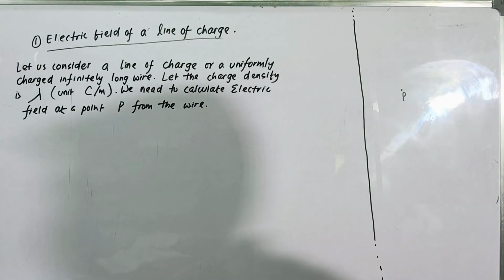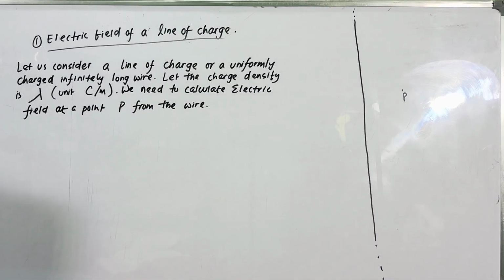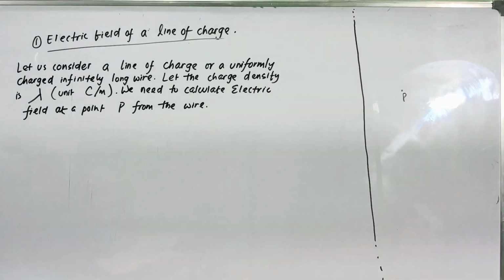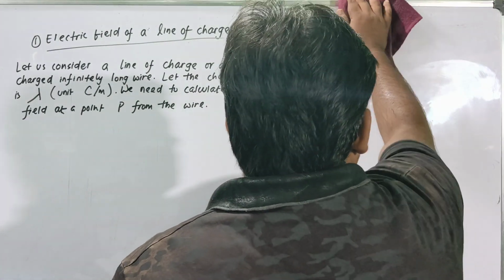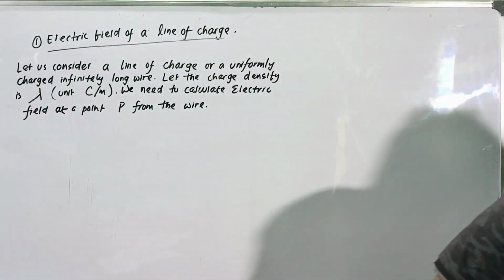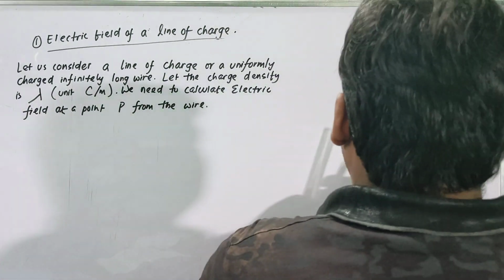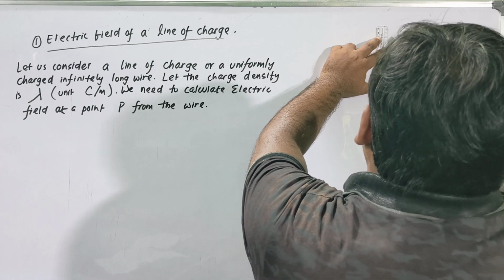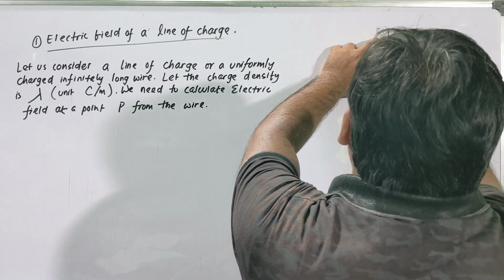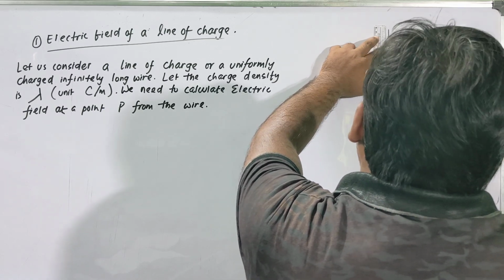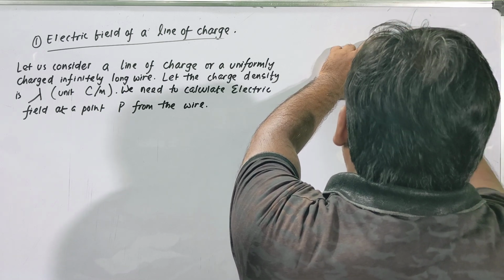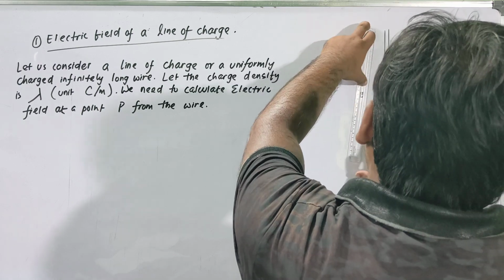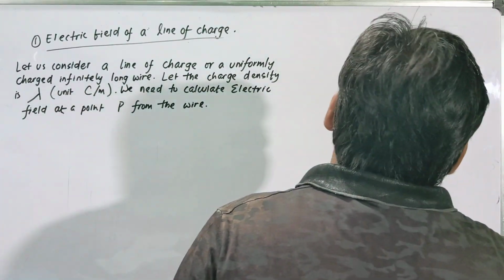So let me just make a good diagram. You can use a scale to draw good diagrams. So you are just considering a section of that uniformly long charged wire.